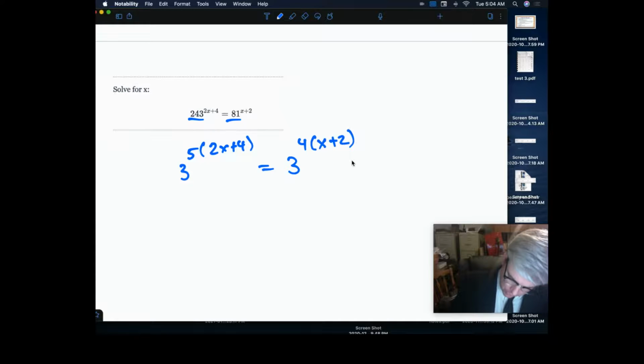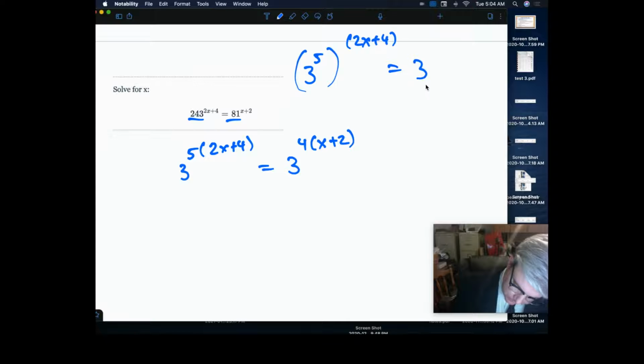I'm skipping a step here. The key is to realize that when you raise something to another power, you multiply, and these are quantities. Those are the two things you want to make sure you're clear on.